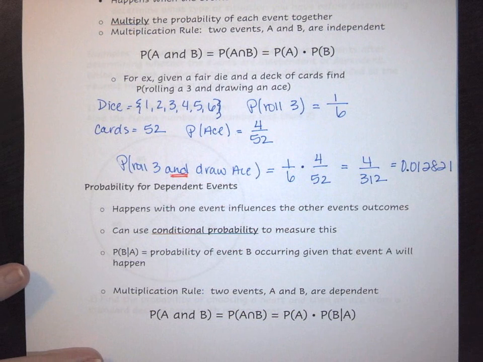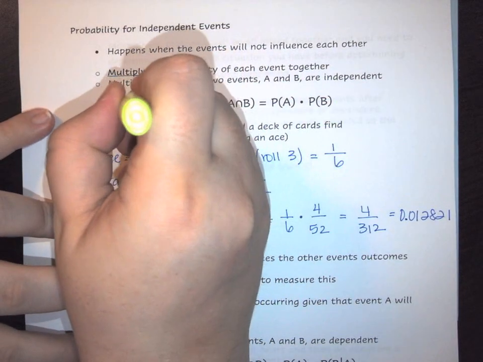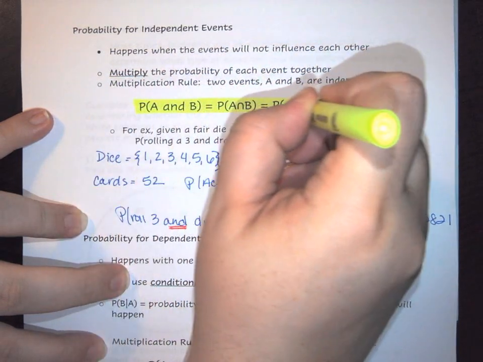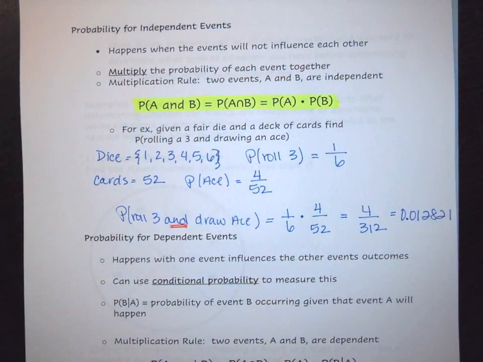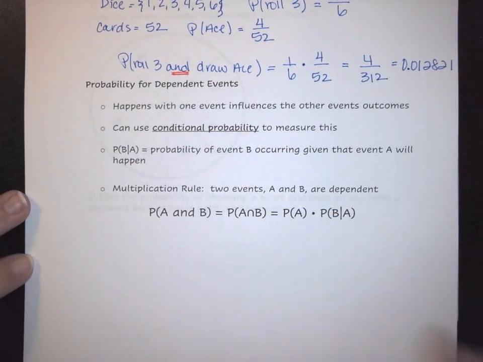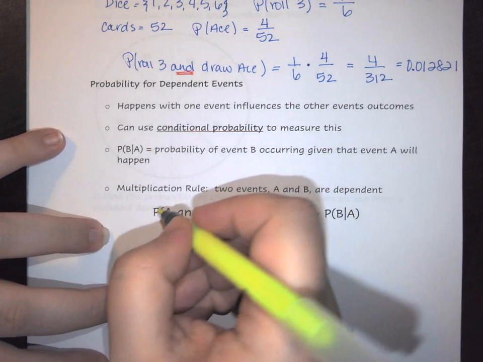Okay. So again, the important takeaway there is that we have our equation right here, which says the probability that A and B occur is going to be multiplying the probability of A times the probability of B. Now for dependent events, we use the conditional, because a dependent event means that one of my events is dependent on the other event occurring.